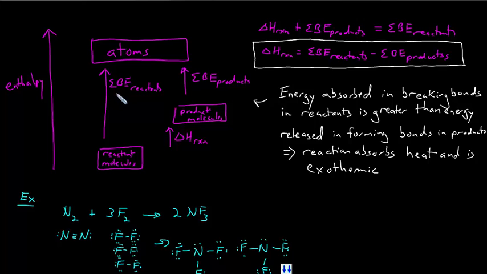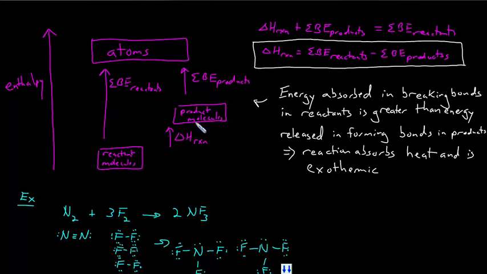So a certain amount of energy is required. That is the summation of the bond enthalpies of the bonds in the reactants. And then forming bonds again, in forming the molecule, should be stabilizing, going down in enthalpy. And that is equal to the negative of the bond enthalpy of the products, which you'll see here.